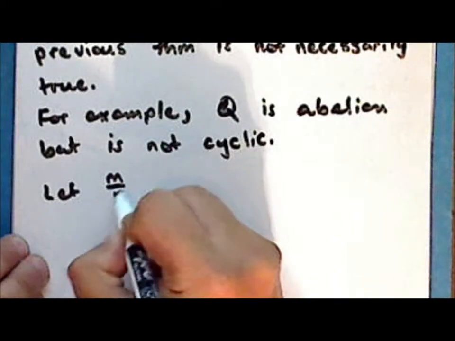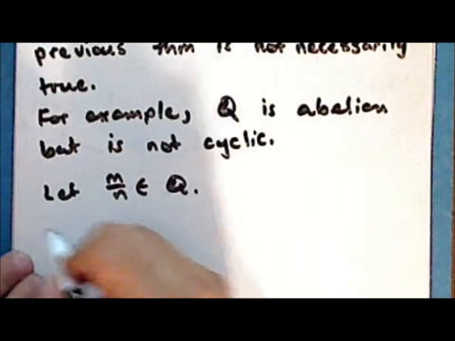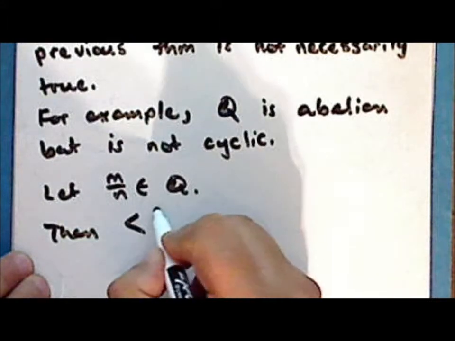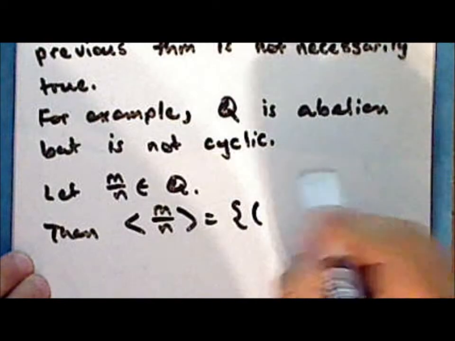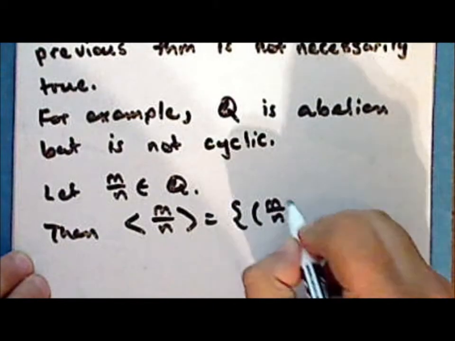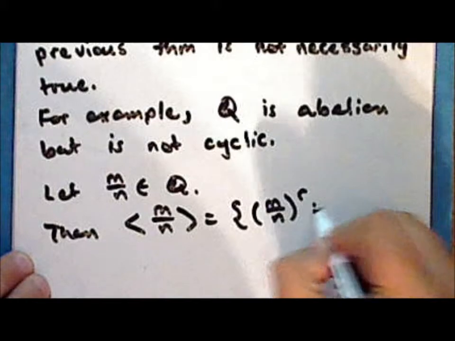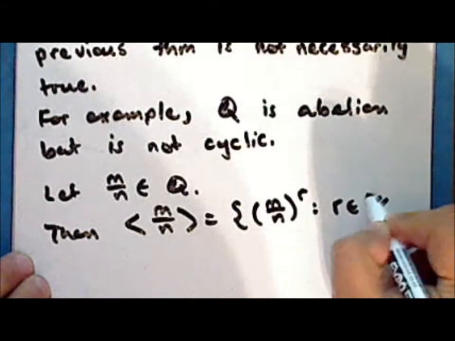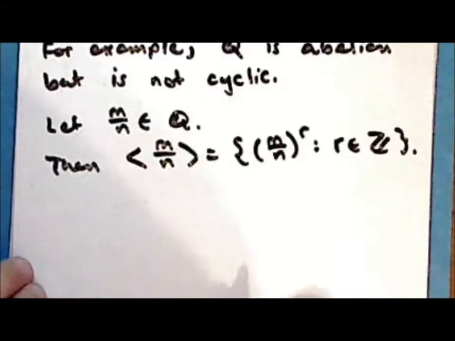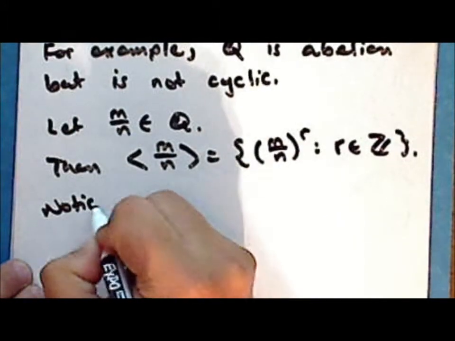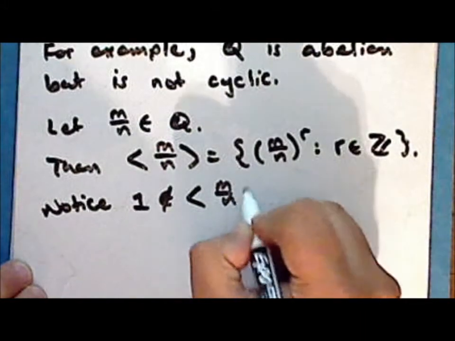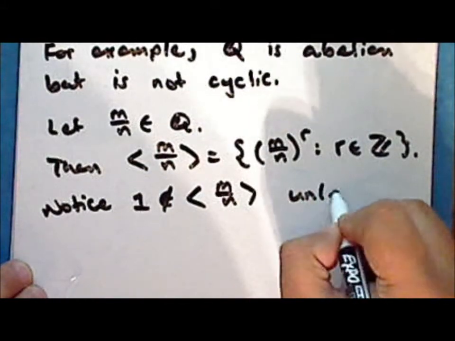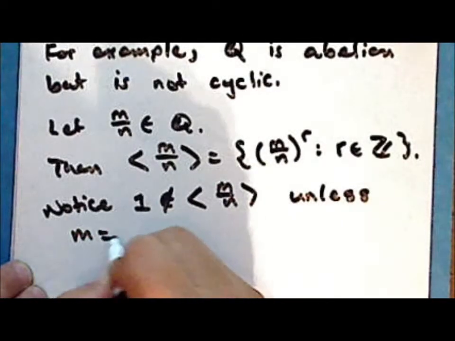Let m over n be any rational number. Then the cyclic group generated by m over n is the group of integer multiples, or rather integer powers, of m over n. Notice that the number 1 is not in this group unless m is equal to the absolute value of n.